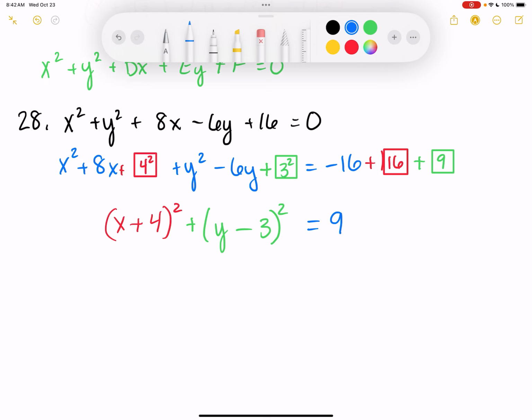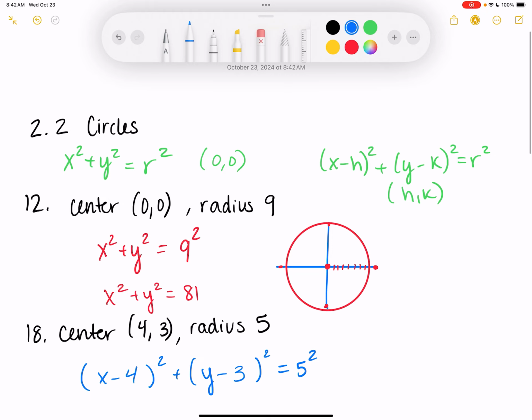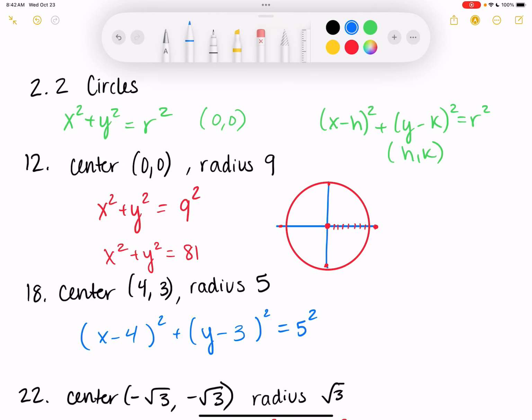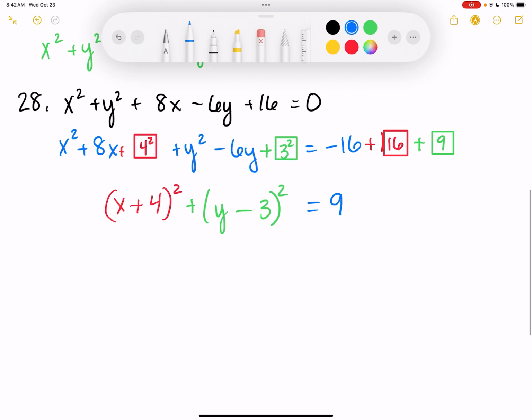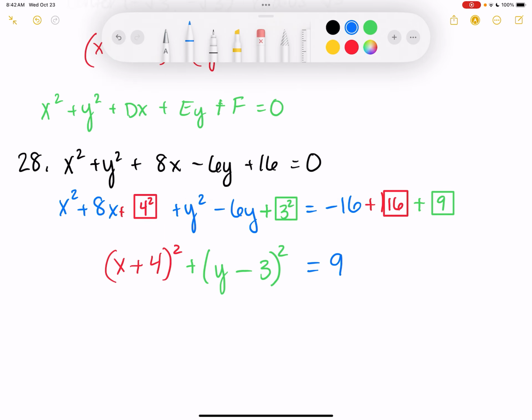So now, what does this whole equation look like? The equation of the circle that I started with. But what do you notice about this equation compared to what I have down here?